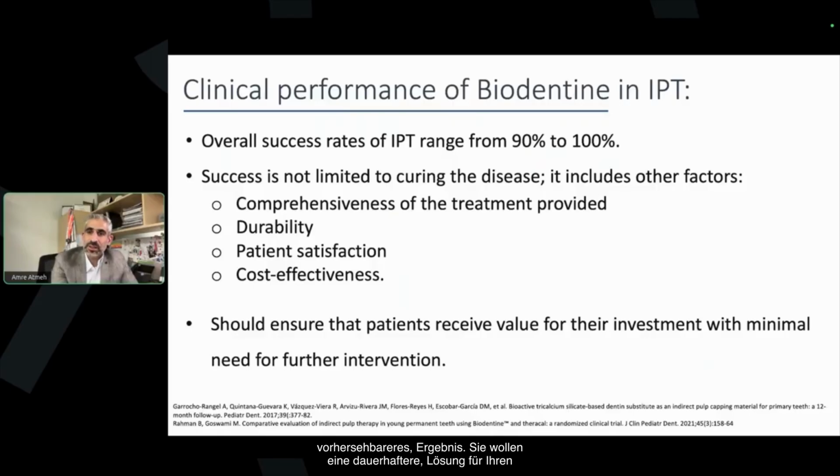It might go into necrosis and require root canal treatment. But if you're considering a material that's suitable to be placed, whether indirect or direct, then that's a better solution. And that's what a comprehensive solution means.